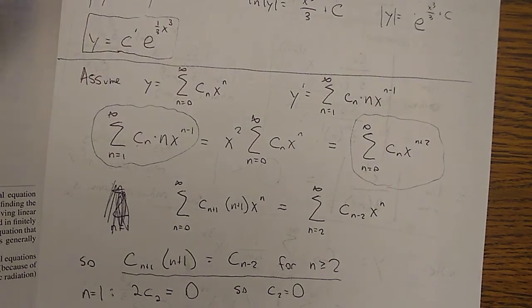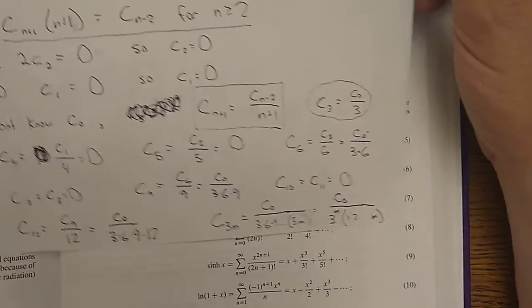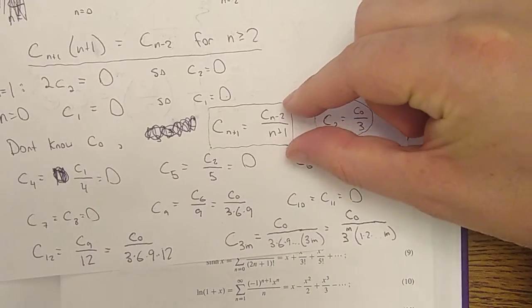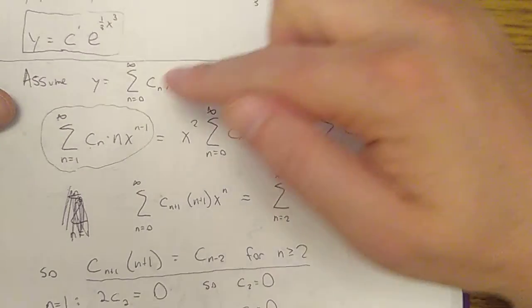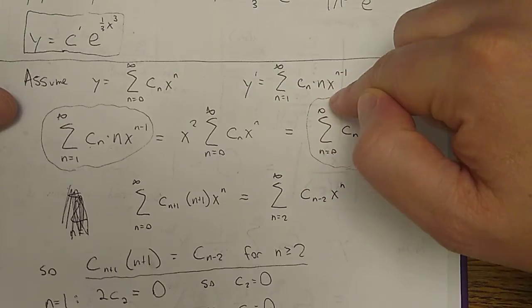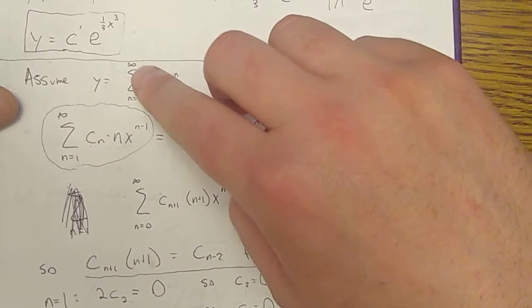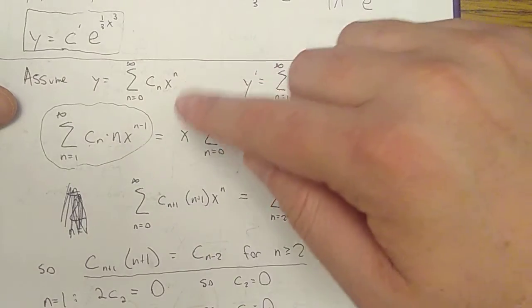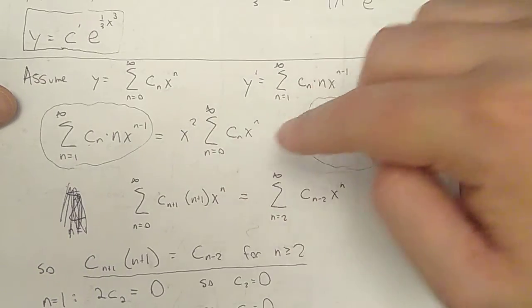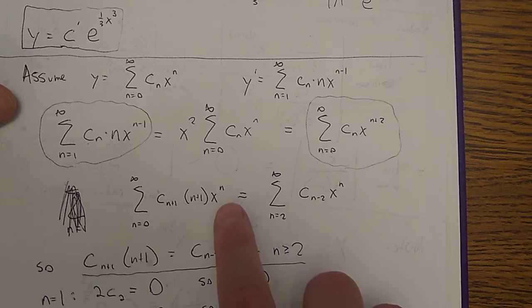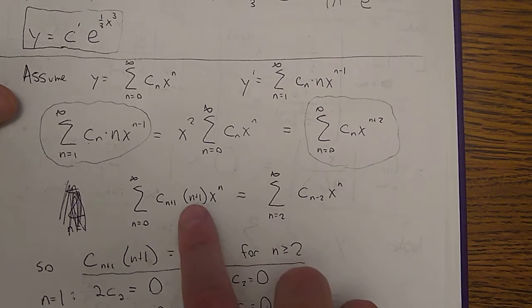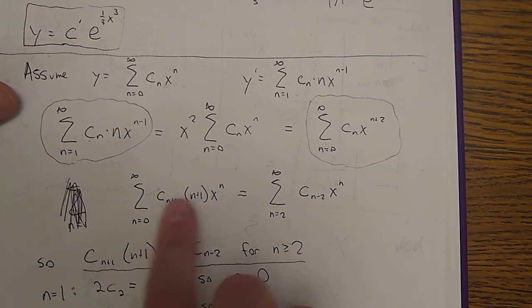In my mind, the important part is getting to about here. Like the work that we did to start with y as a power series and do this manipulation where I plug in y and y prime, and I do this work to get the powers of x to line up, and then I write that this coefficient equals this coefficient.